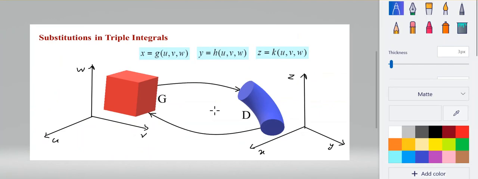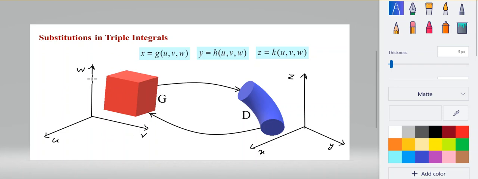Look at this graph. Actually, when we are using substitution in triple integrals, it means we have two three-dimensional spaces. Here we have one three-dimensional space represented by x, y, z, and here we have another three-dimensional space represented by u, v, w.